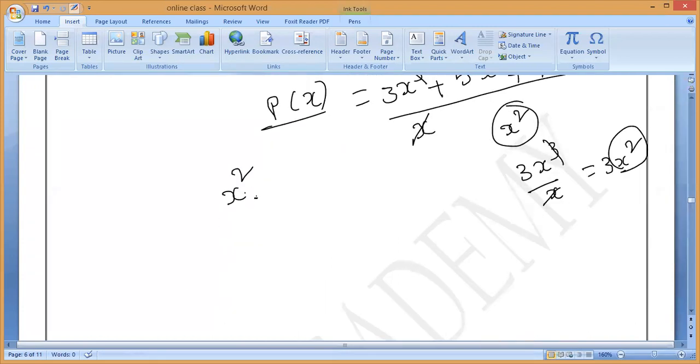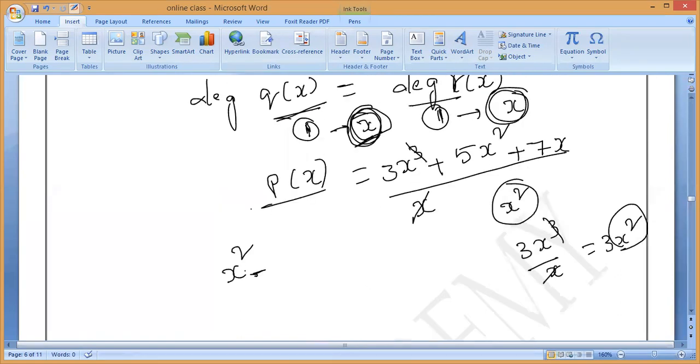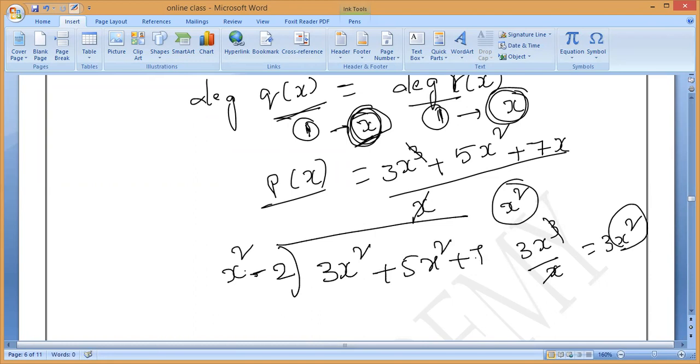Take one more example. The divisor x square minus 2, dividing 3x cube plus 5x square plus 7x.